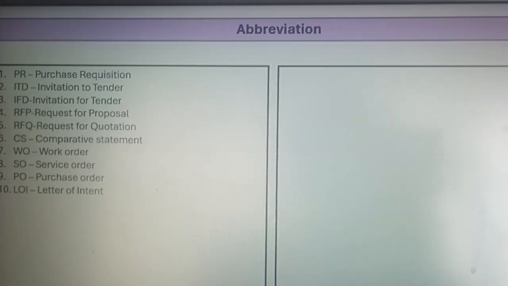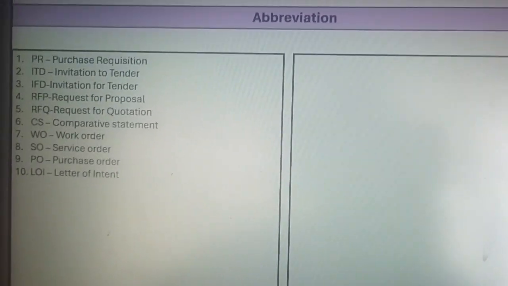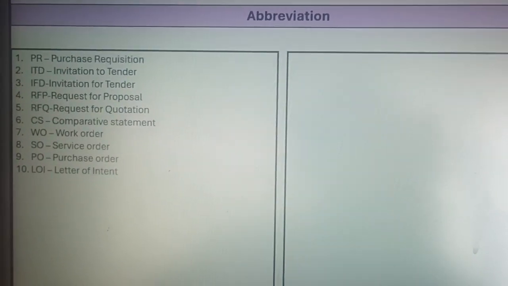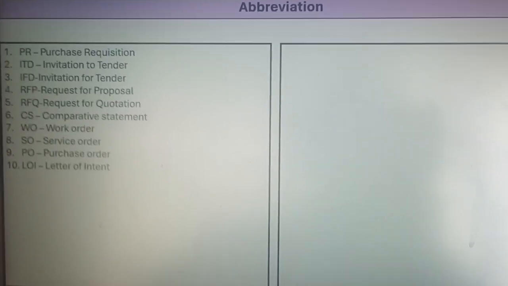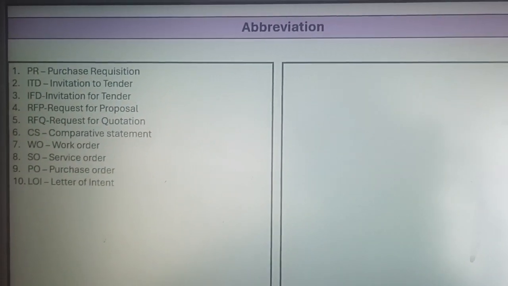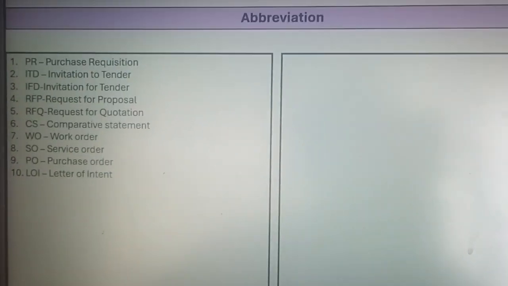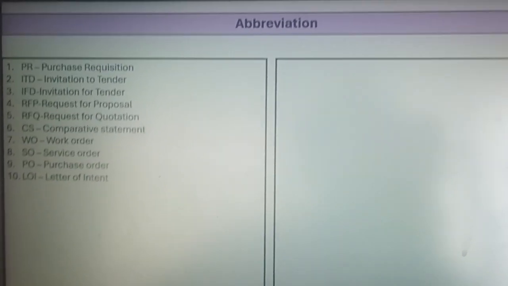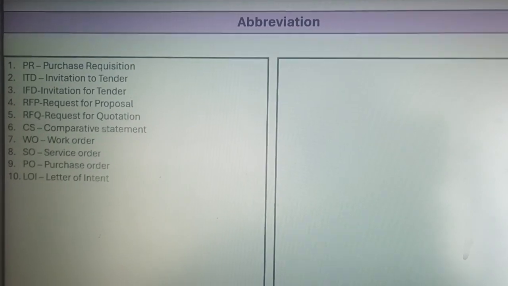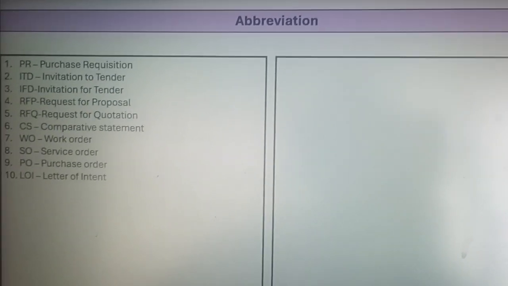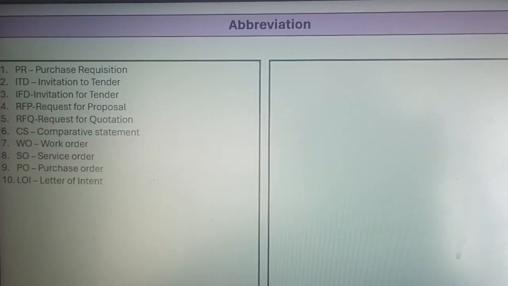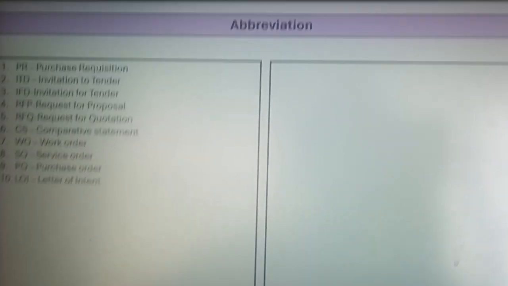LOI, letter of intent. Its short form is LOI. Sometimes in documents LOI is mentioned, so you have to understand it means letter of intent. There is no other meaning of LOI from a commercial point of view.